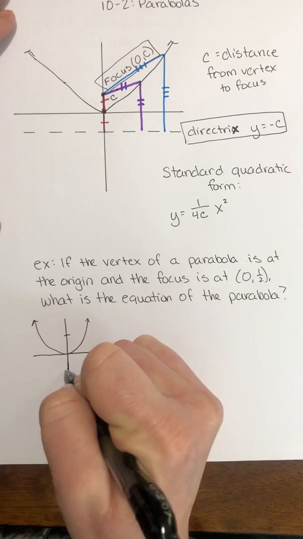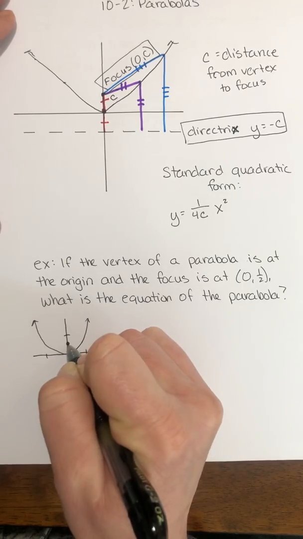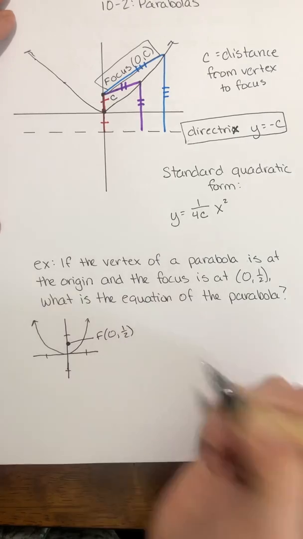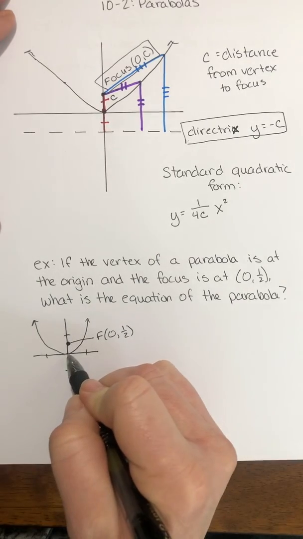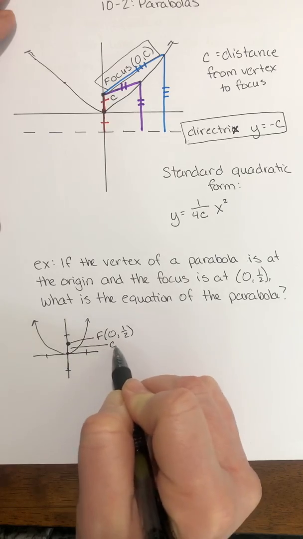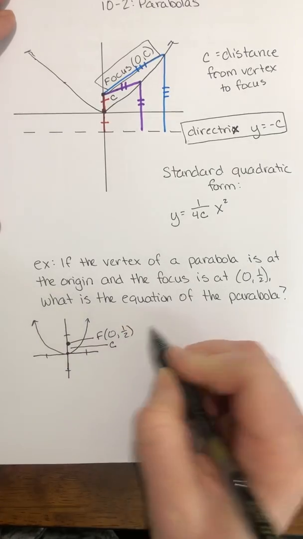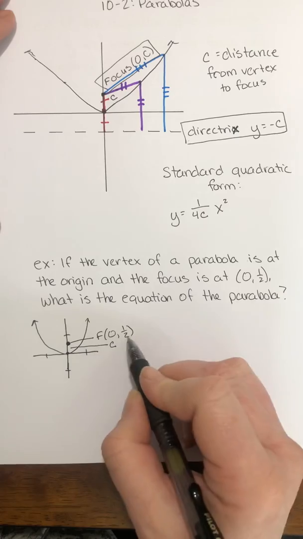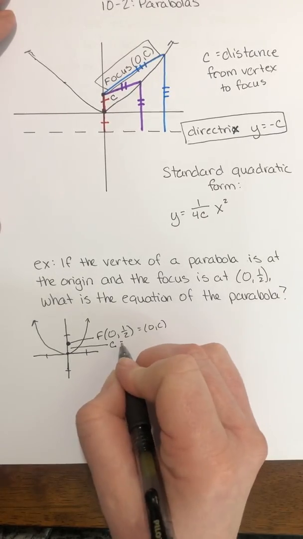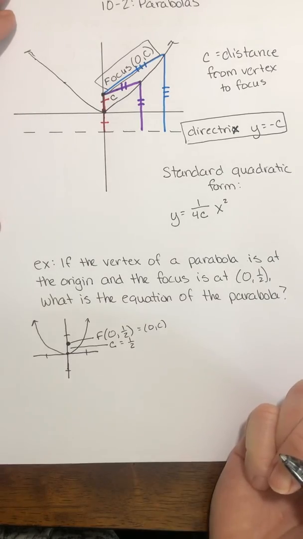So here's my graph. The focus is right here at (0, 1/2). And remember, the focus to the vertex is the distance C. And you can also think of the focus as the point (0, C). So that tells you that C in this case is 1/2.